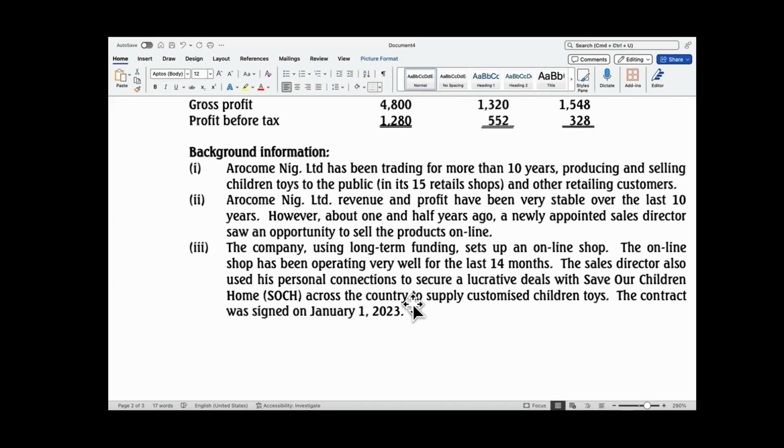In this case, this company called Agrocom, they have been operating for 10 years. They sell toys. And from note 1 and note 2, they are giving us the impression that the company is stable. They have been stable for the last 10 years. They have stable revenue, stable profit.